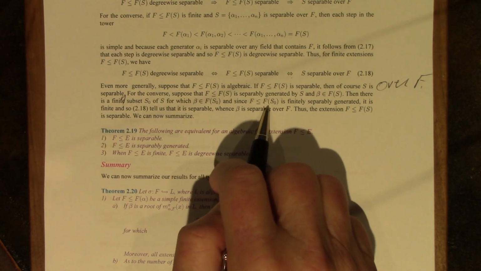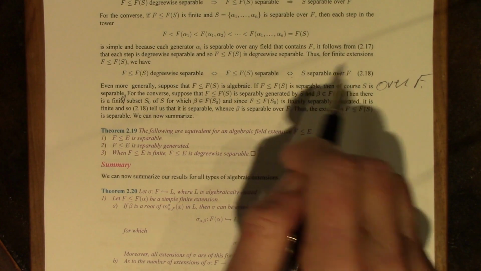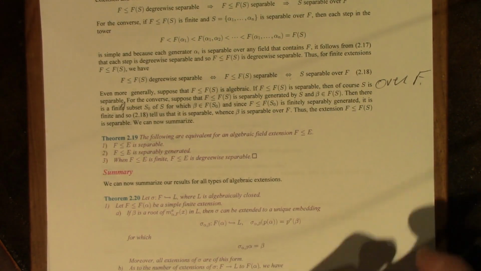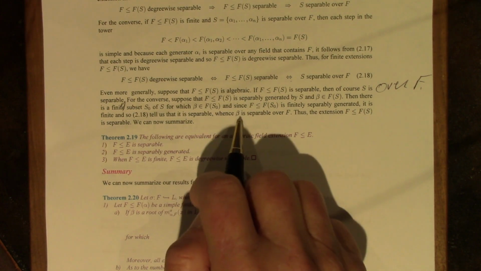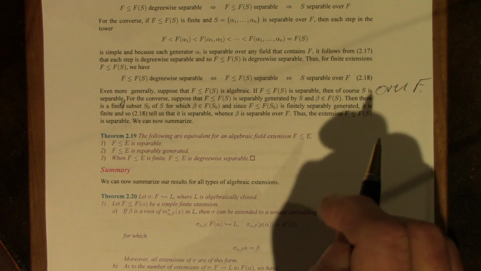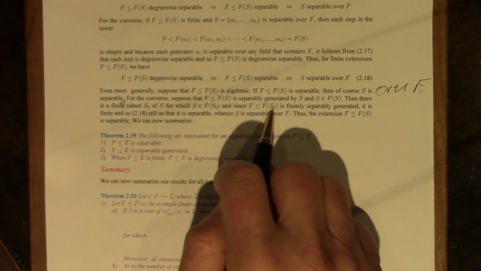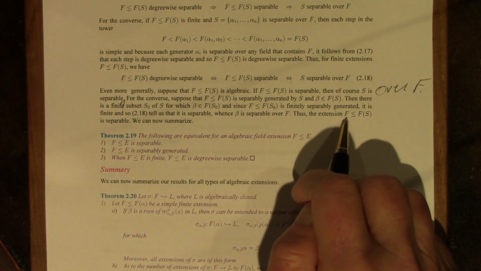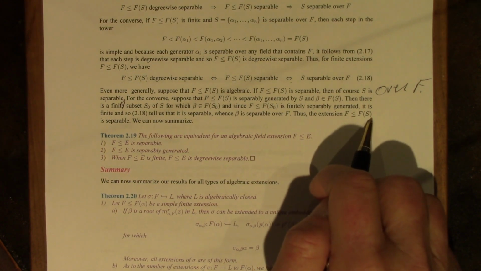It's a finite extension that's separably generated, so we can apply what we just learned here, and it tells us that it is separable. So beta is separable over F. Beta was an arbitrary element of F with S adjoined, so this extension is separable.